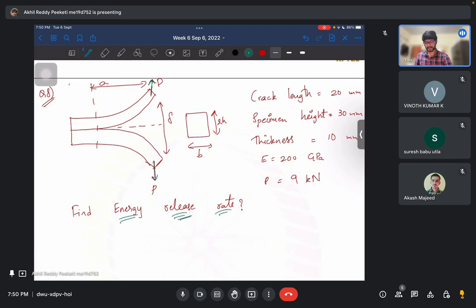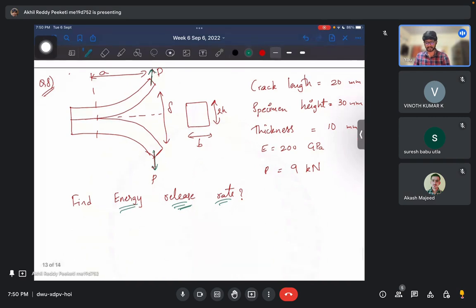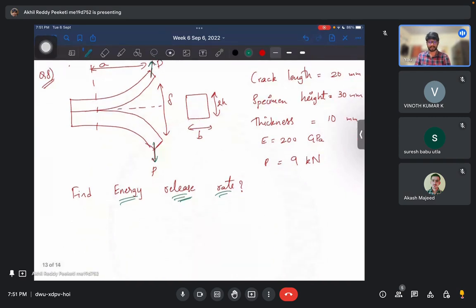We are given the crack length, specimen height and everything, and we are supposed to estimate the energy release rate. Sir actually discussed this in the classes, so you can refer to that for the exact derivations of the formulas. Here we will directly apply the formulas.